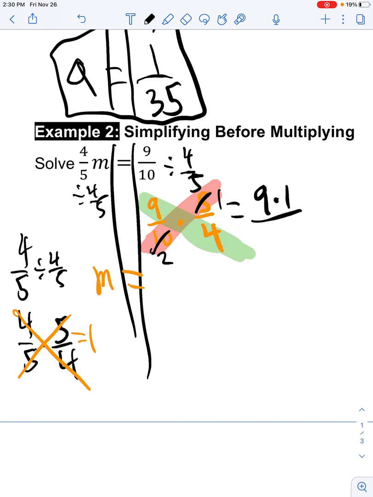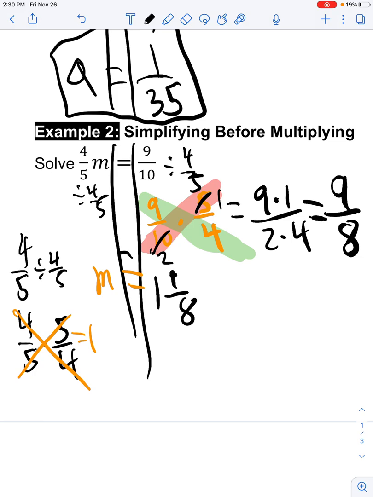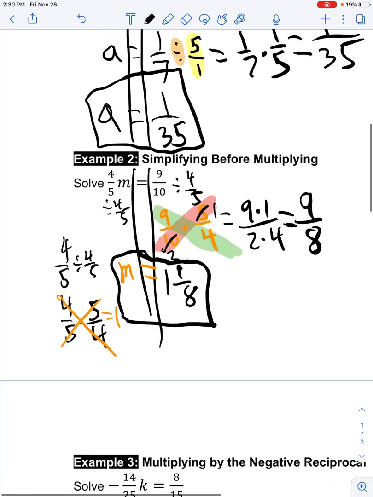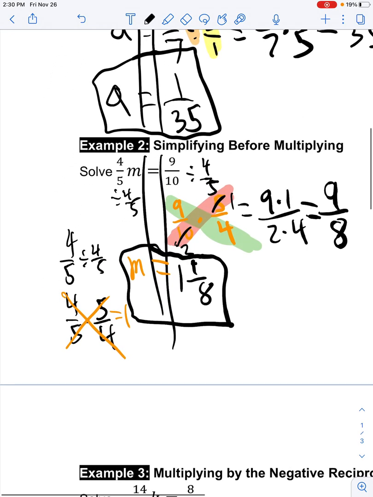If I do 10 divided by 5, I get 2. Now this says 9 times 1 over 2 times 4, which is going to give me 9/8. When I turn that into a mixed number, I get 1 and 1/8. 9/8 is the same thing as 1 and 1/8.